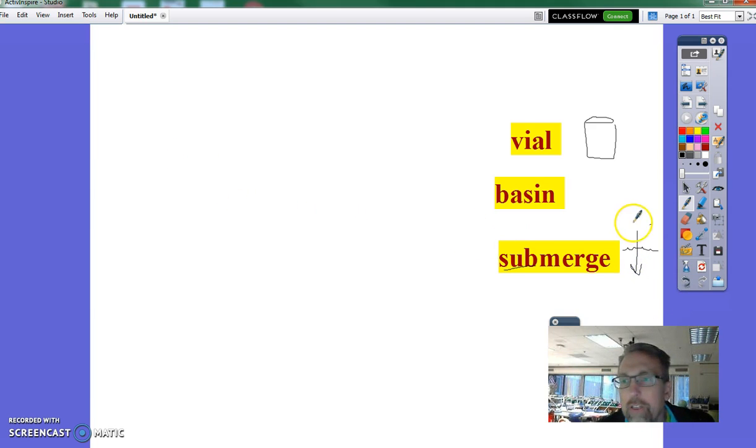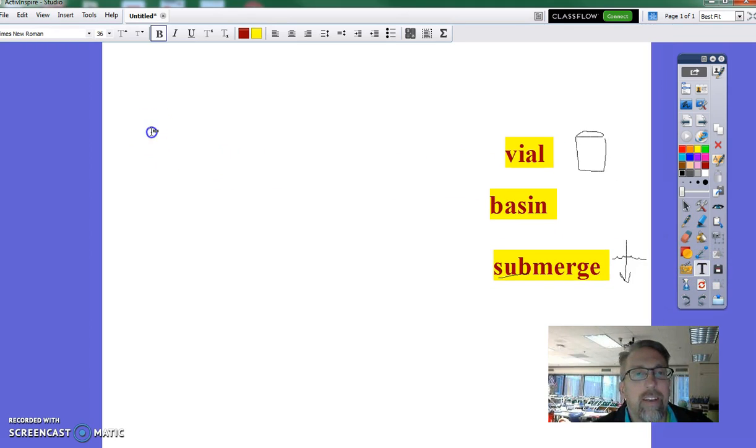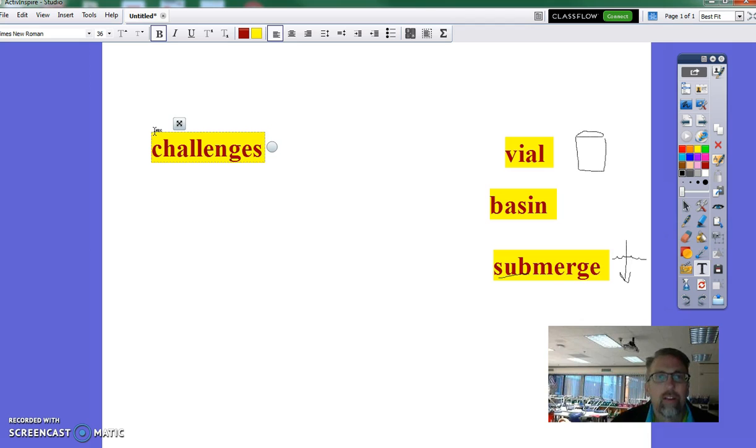So here are your challenges. Let me type this in. Challenges. Number 1. Can you take the styrofoam ball and your vial? Can you take both of these things?